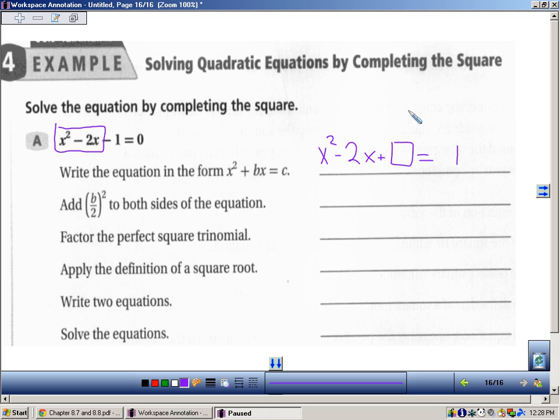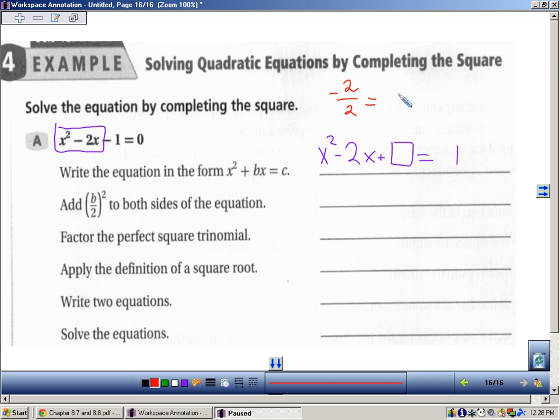So add b over 2 squared to both sides of the equation. So let's find that amount. What is this amount? So let's take half of negative 2. So I'm going to work this out up here. I'm going to take negative 2, take half of it, and that gives me negative 1.